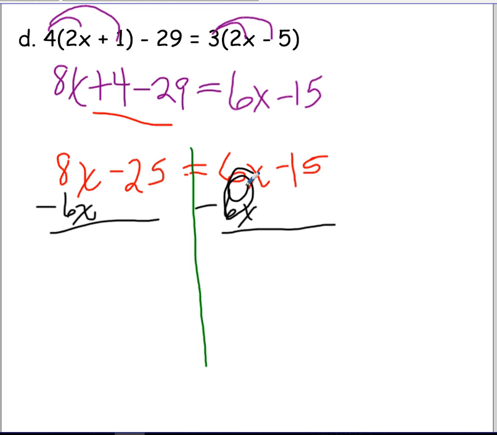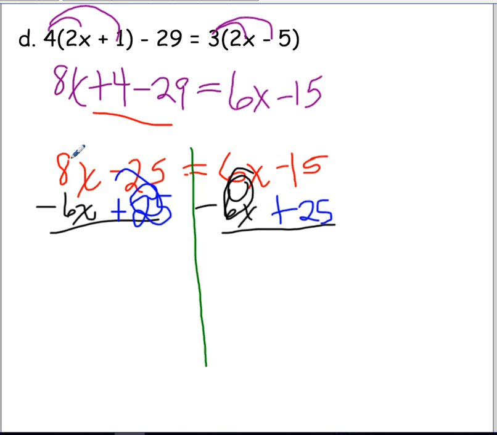Remember, you can go ahead and show two steps at once if you would like, which means since I zeroed out the x's and moved them to the left, let's zero out our constants on the right-hand side and make both sides a plus 25 as well. It just saves some room for our work. So we're zeroing out our constants at the same time as we're zeroing out the x's.